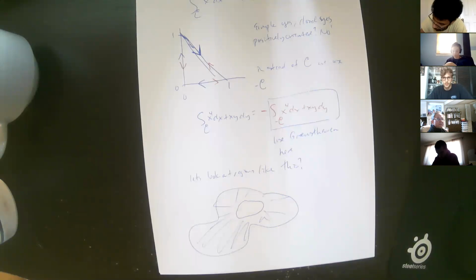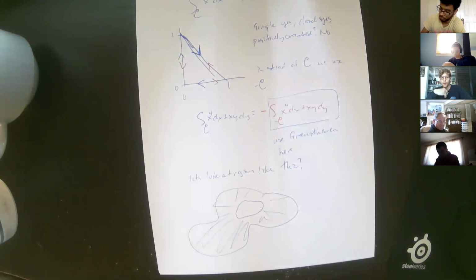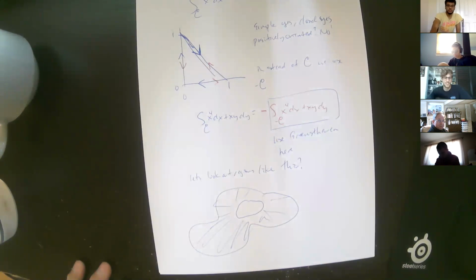What kind of region is this not? Simple. It's not simply connected. Simple is for curves. Simply connected is for regions, right? It's not simply connected because there's a hole in it. But Green's theorem can deal with holes. So how? Nick just said, right? Masterfully. That's how it deals with holes.